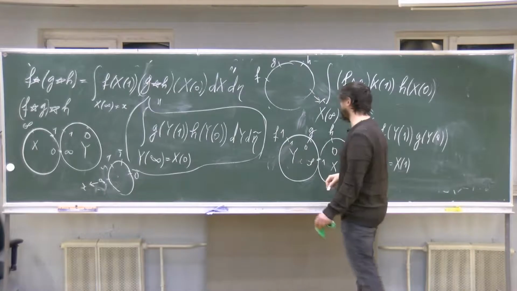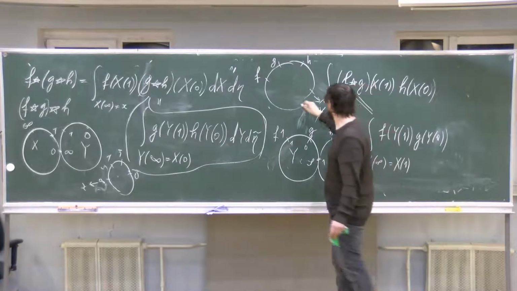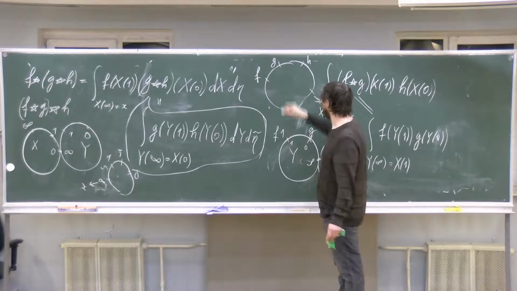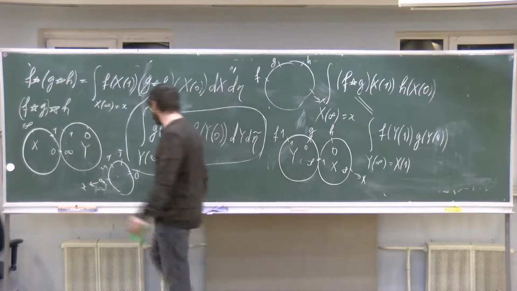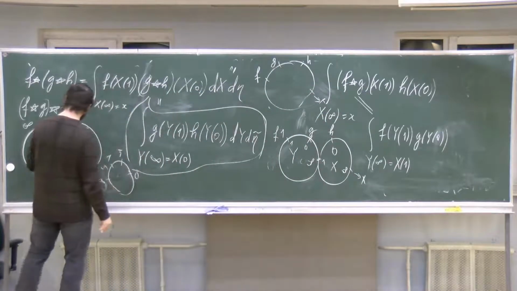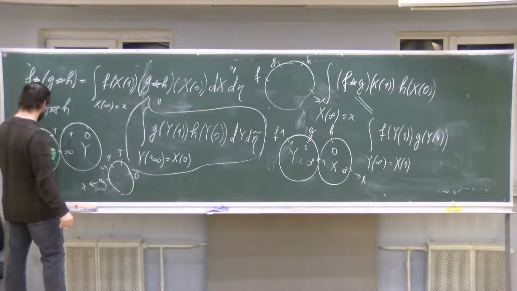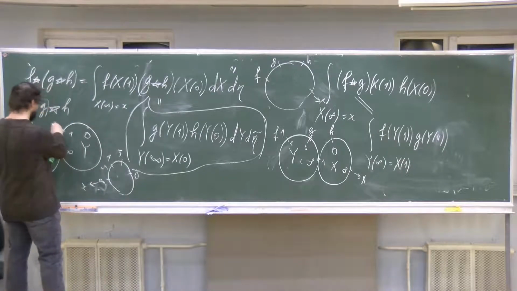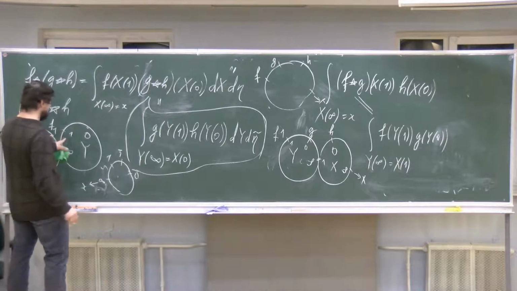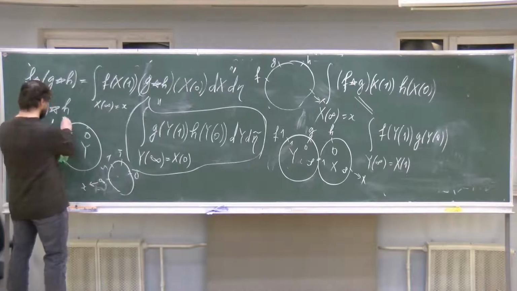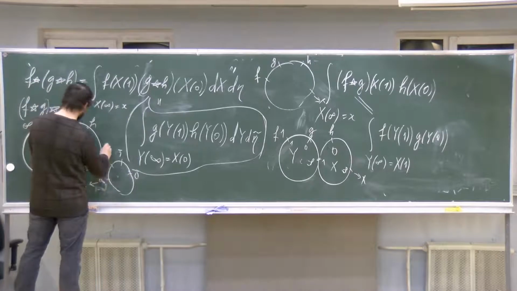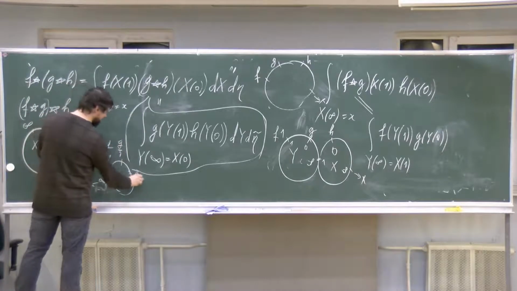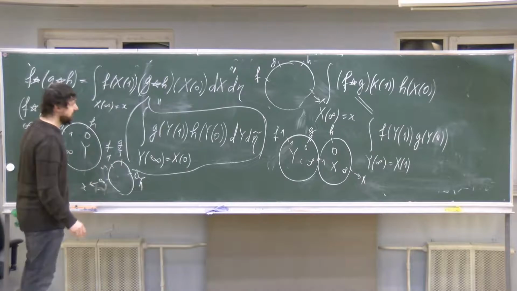And we integrate over all maps which send this point to x. And we put f, g, and h into these 3 points on the boundary. And more or less the same we have here, because here we have f, here we have g, and here we have h. So f, g, h in the same clockwise direction, right?